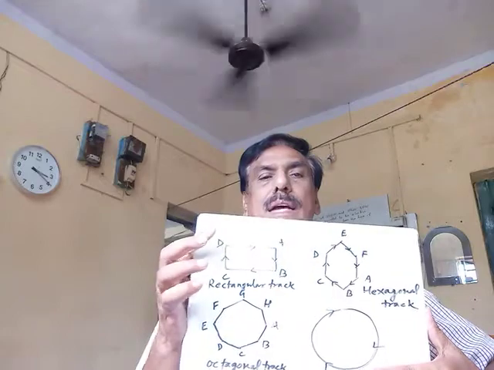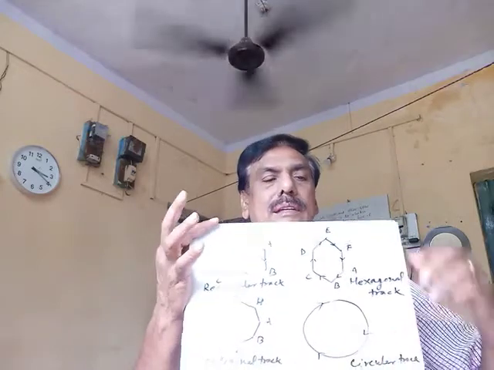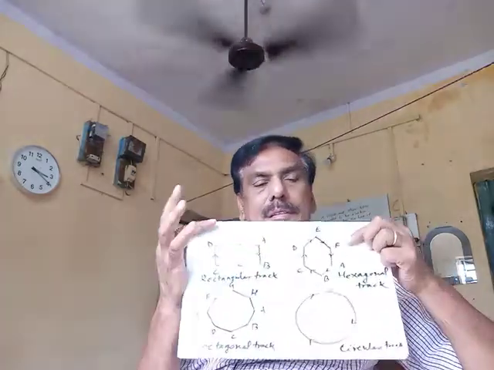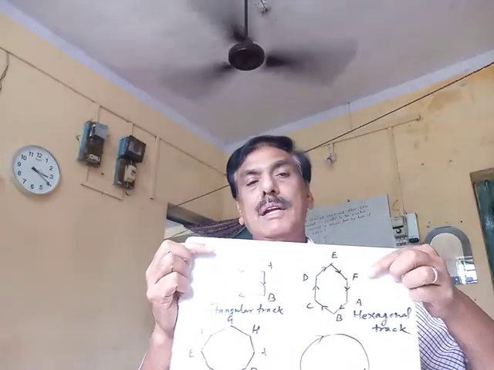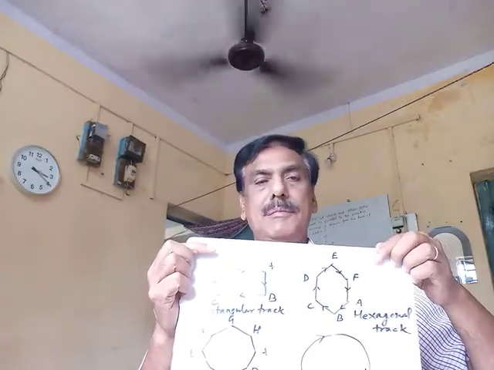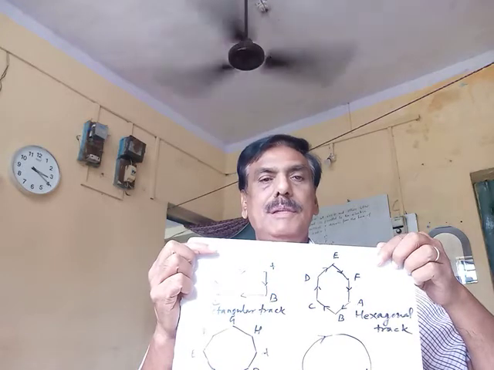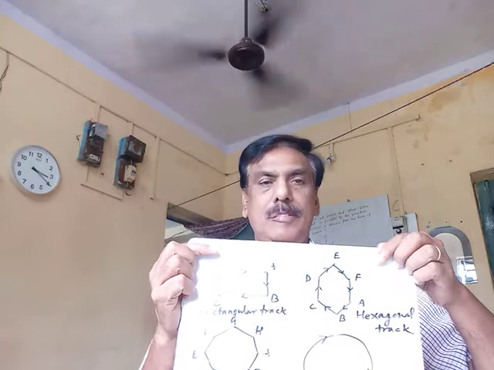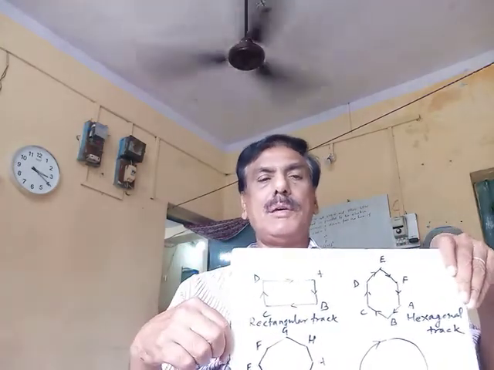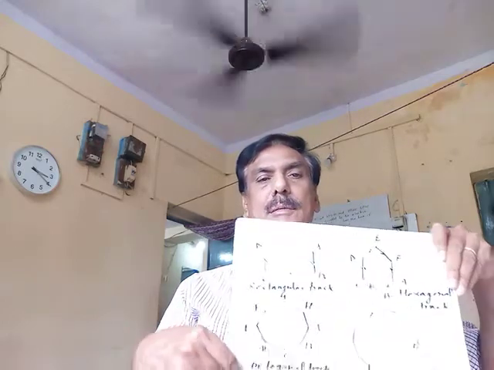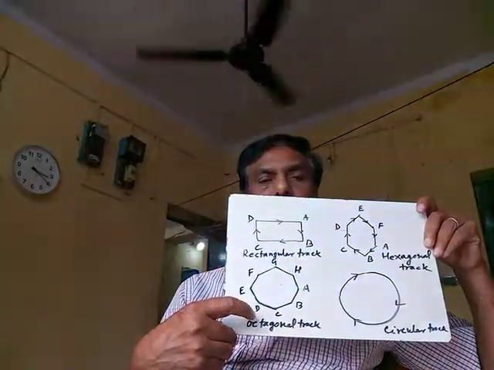If the athlete is moving on this hexagonal track, then the body will have to change its direction 6 times: A, B, B, C, C, D, D, E, F, like this. Suppose the sides are made smaller and smaller. Suppose this is octagonal.